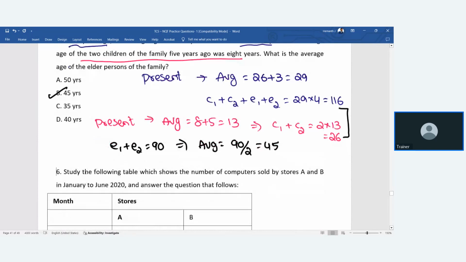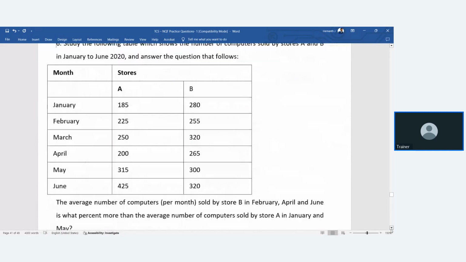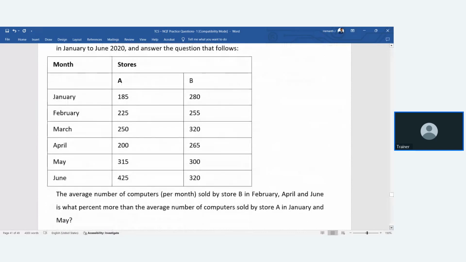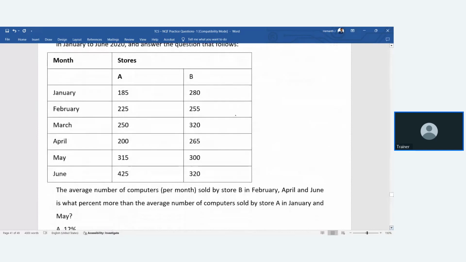Now here this is regarding a data interpretation table question. Average number of computers sold by store D in February, April, June. This is 265, 20 and 320, 840 divided by 3, which is 280. Okay.